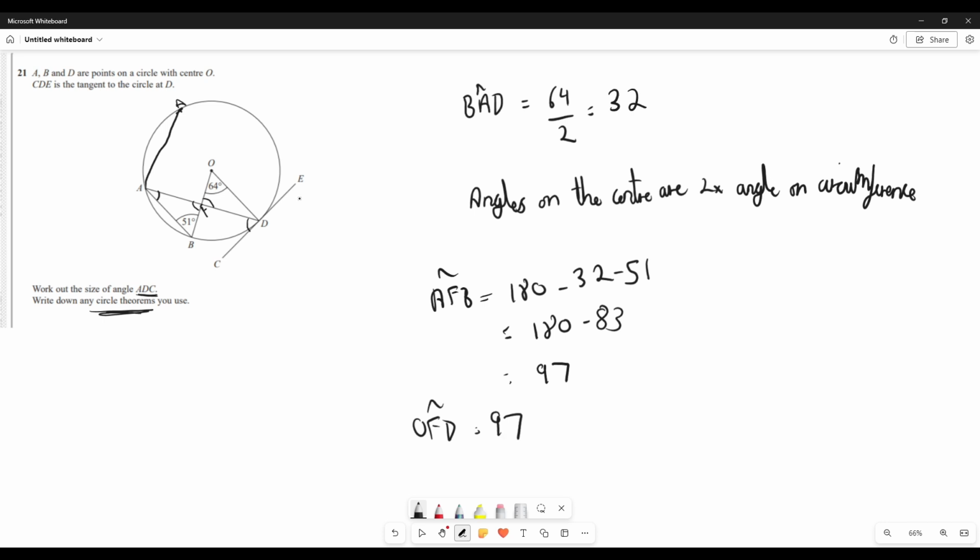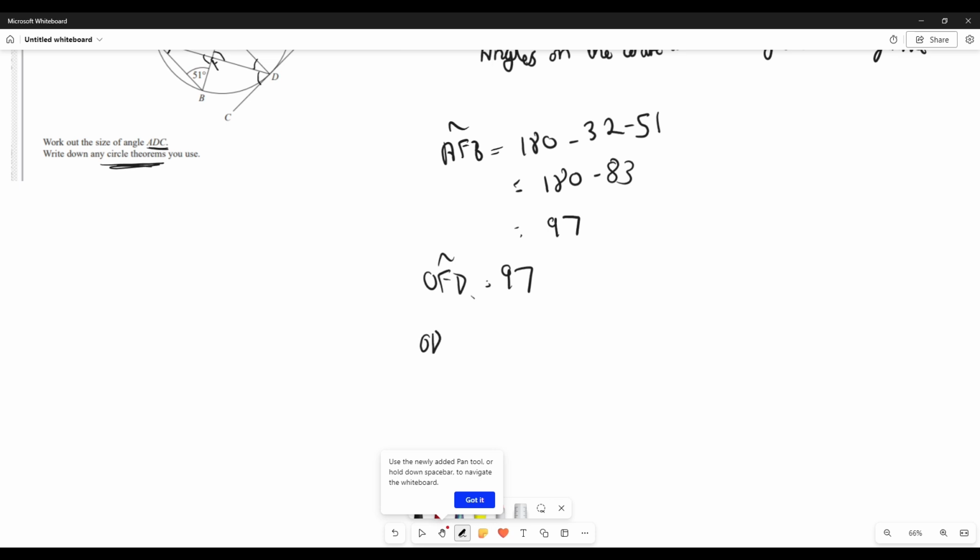Which would also mean that we can find ODA. We're able to find this angle. So we can write that OFD is equal to 97. You can put angles in a triangle equal 180, and you can say opposite angles are equal.